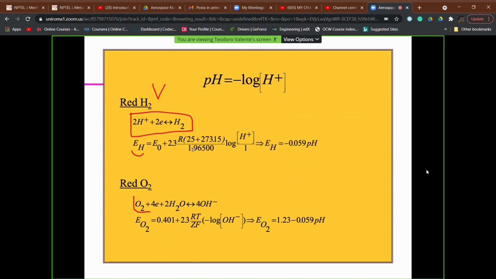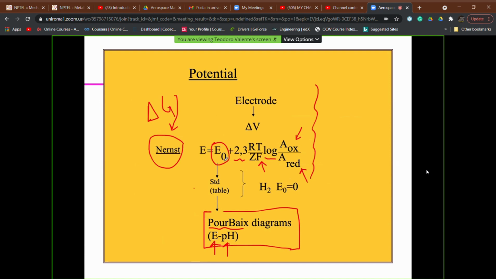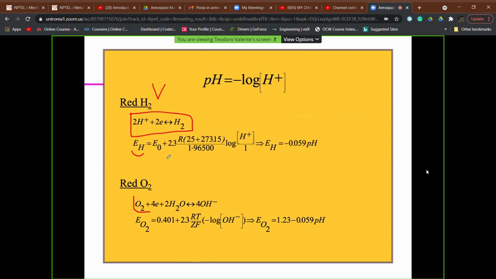Well, if we put the figures inside these general Nernst equations, we can say that for the hydrogen, we have the standard potential, which is assumed to be 0, then 2.3, the universal gas constant. If we put ourselves in standard condition, you see this is 298 K temperature, that corresponds to 25 Celsius.